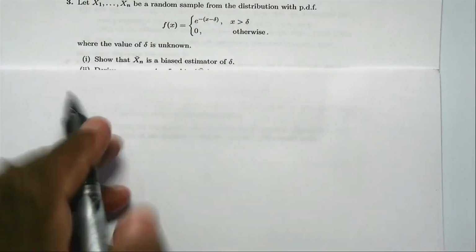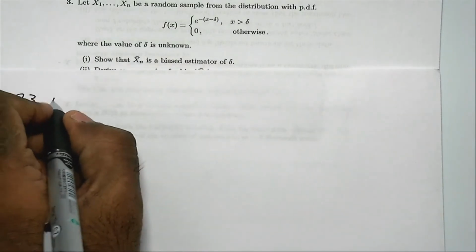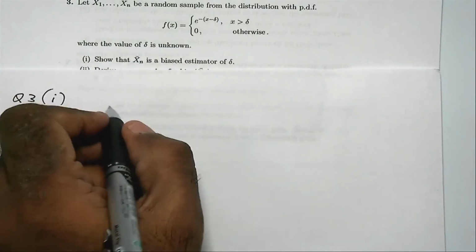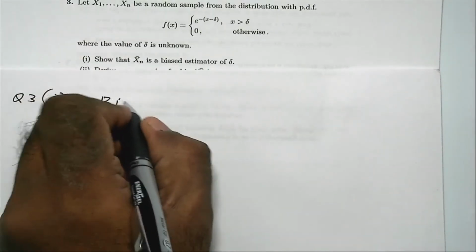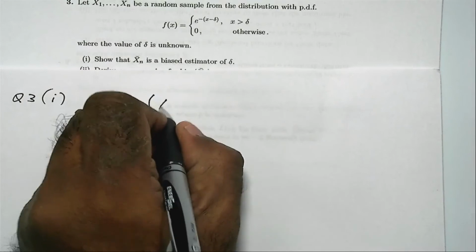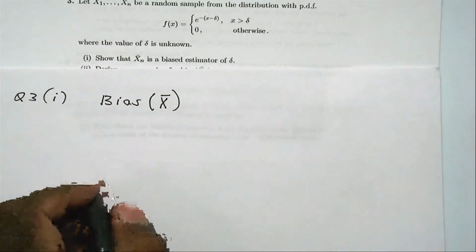Let's see how we can do this. Part 1: we have x bar as an estimator, so we need to show that the bias of x bar is different from 0.